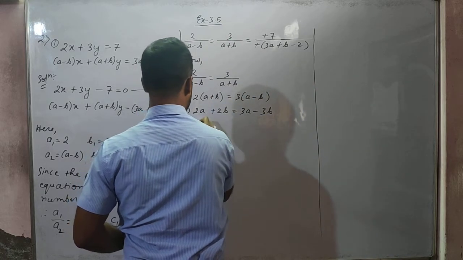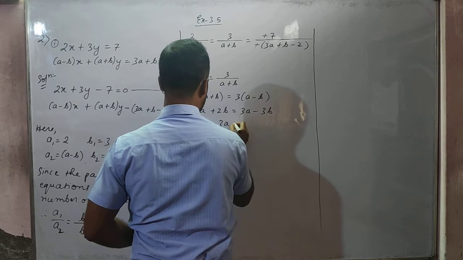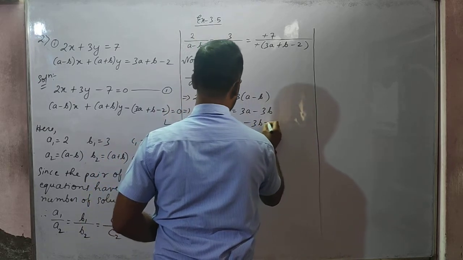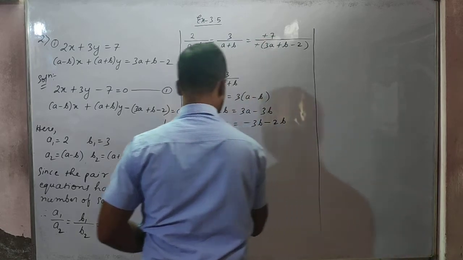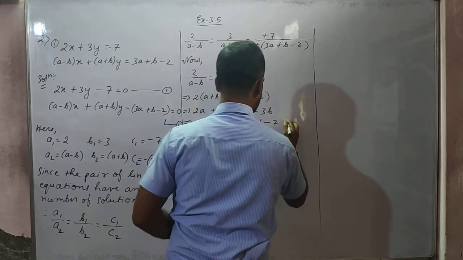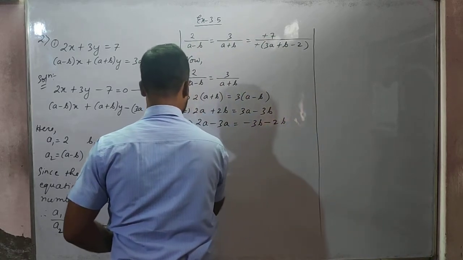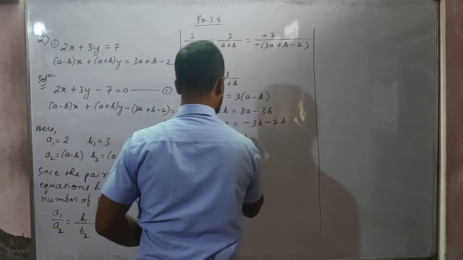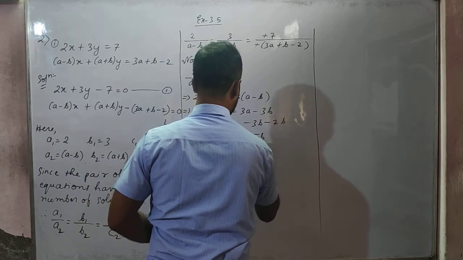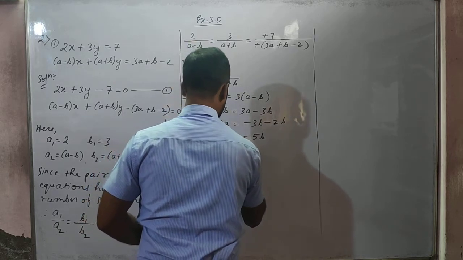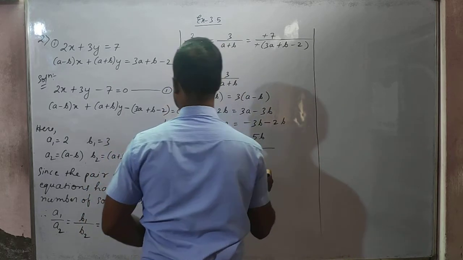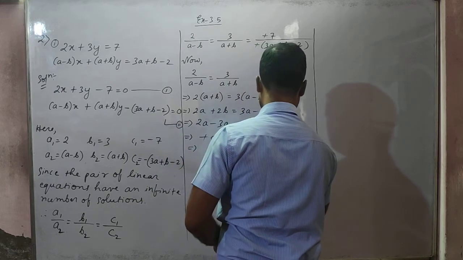So what we will do is that students, 2a minus 3a is equal to minus 3b minus 2b. Okay, minus a is equal to minus 5b, minus cancel. So a is equal to 5b, marking it number 3.